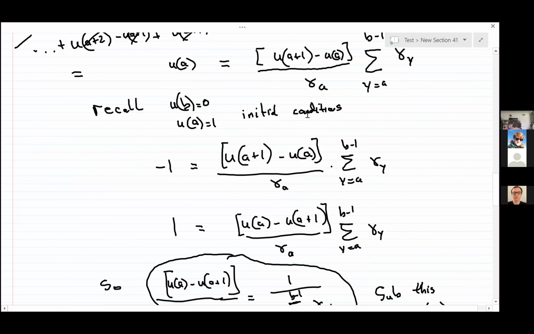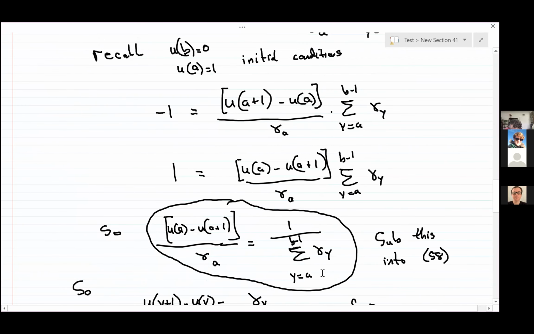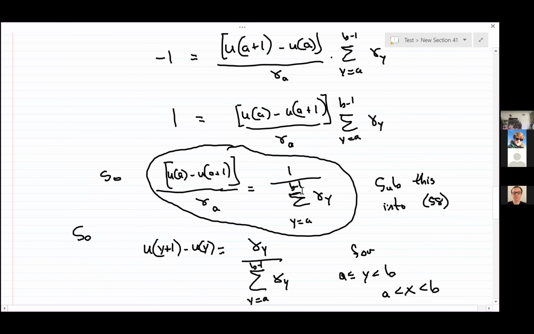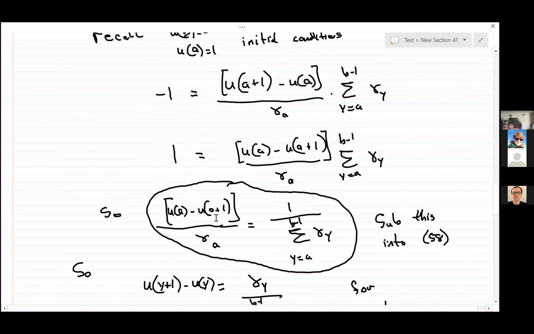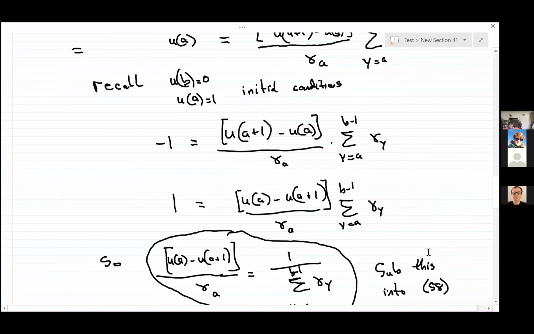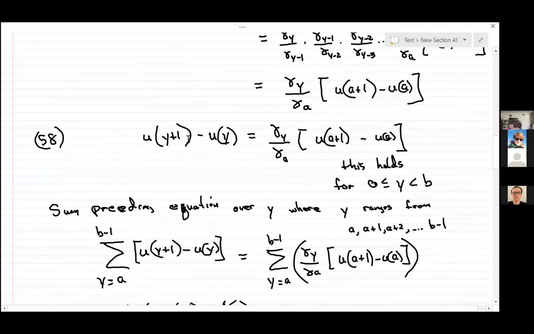And then the initial conditions play a part in this because that allows you to simplify what's on the left here. u(A) was 1. So that gives you a handle on how to get this difference in terms of what's known. And then once you have that, you back substitute into 58, which is this thing that tells you how to get this anywhere.